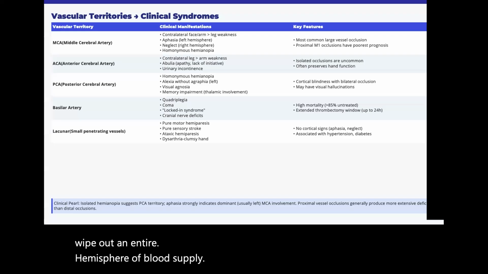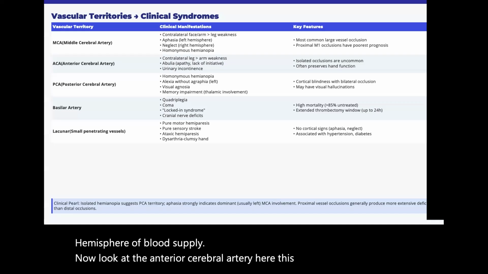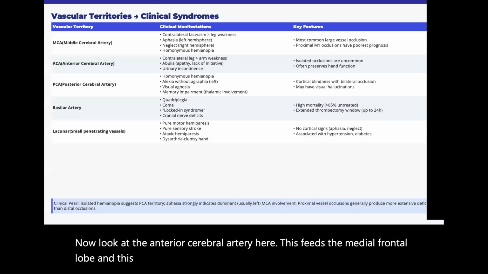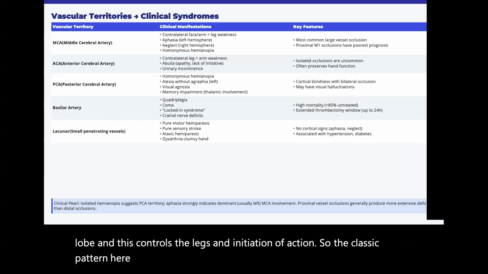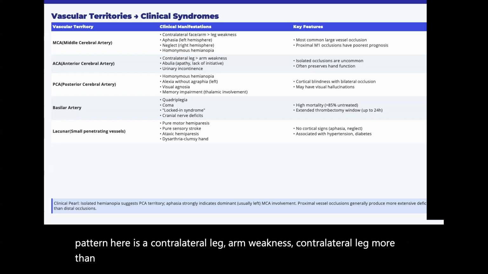Now, look at the anterior cerebral artery here. This feeds the medial frontal lobe, and this controls the legs and initiation of action. So the classic pattern here is a contralateral leg weakness, contralateral leg more than the arm, whereas in the MCA it was arm more than the leg.